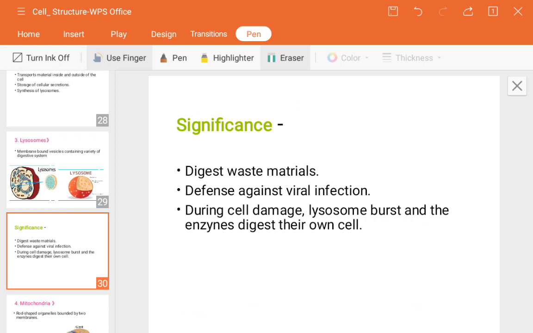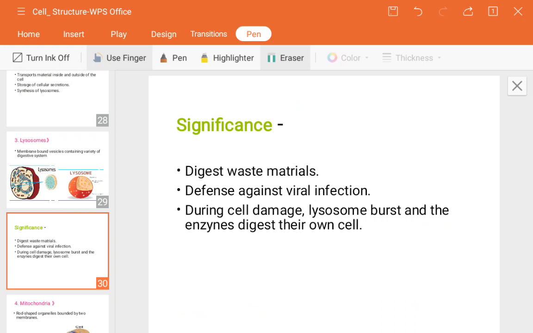Now, it defends against viral infection, so it plays an important role in defense. Whichever viral infection enters the body or any cells can be fought with the help of the lysosome, because it has the ability to digest any type of component, even microorganisms.